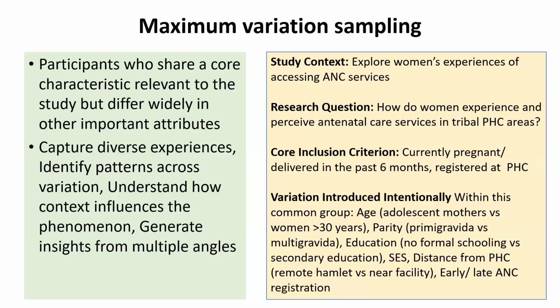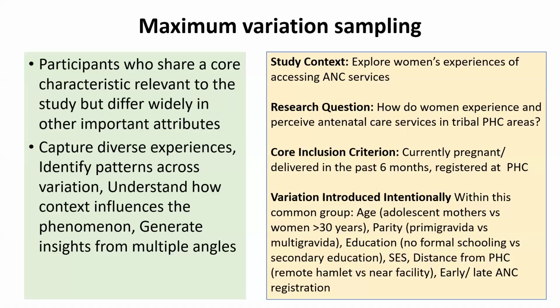Now, in addition to that, you will have maximum variation with regards to what? Other characteristics. So I want to include women of different age groups, different parity, different educational status, socioeconomic status, the distance of their residence from the PHC, and the timing of their registration.